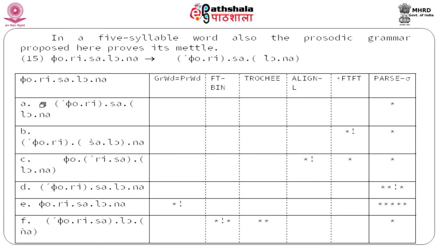Now, incidentally, this is invaluable. All grammatical words must be prosodic words. The violation of the optimal candidate is minimal. Only at least one syllable is not parsed in this.